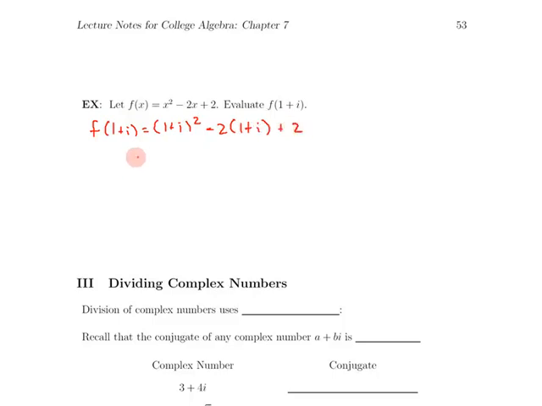Okay, now let's simplify that. That (1 plus i) squared is going to be (1 plus i) times (1 plus i) minus, and I can go ahead and distribute this, so minus 2i plus 2.